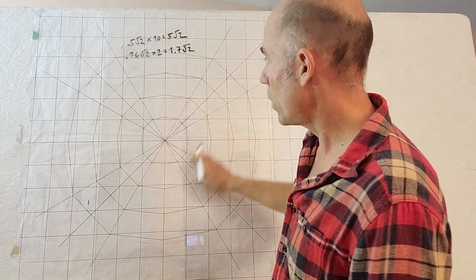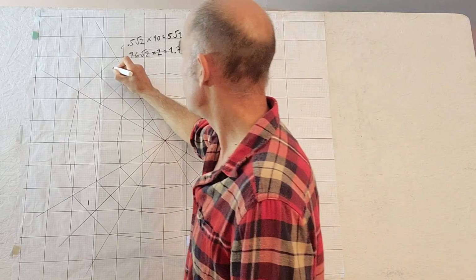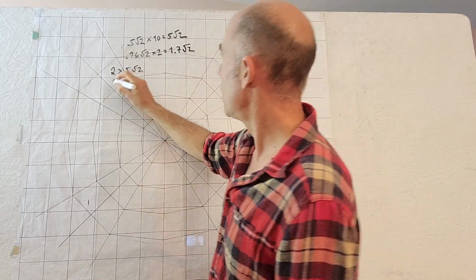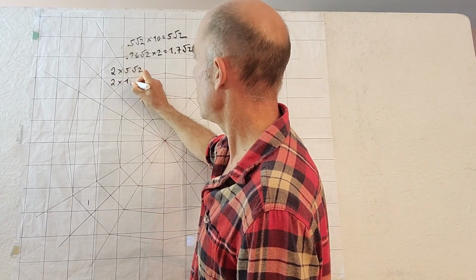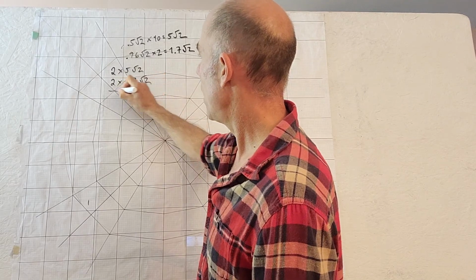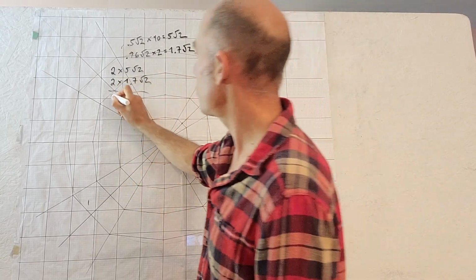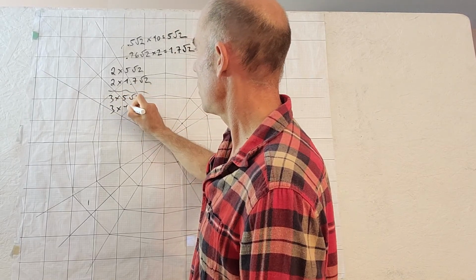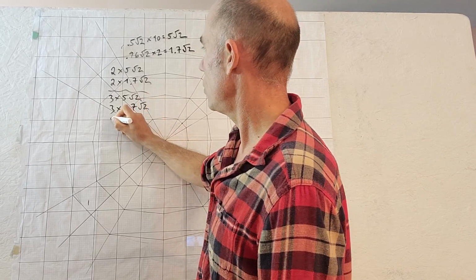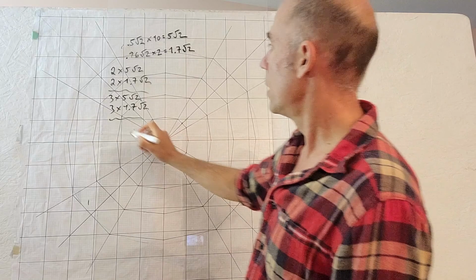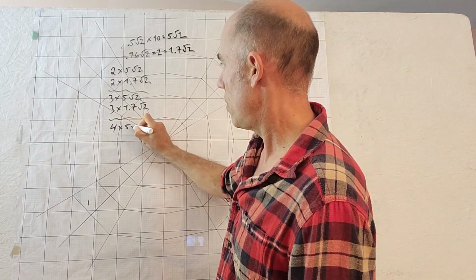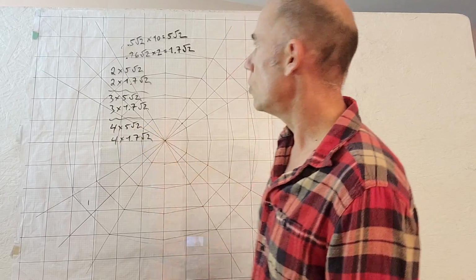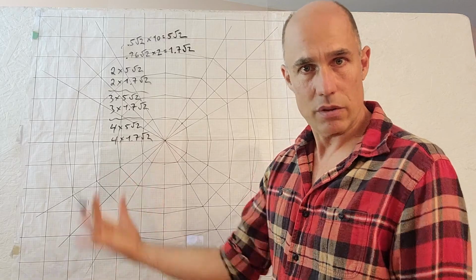So the second ring, the perimeter is going to be 2 times 5 root 2, and then it's going to be 2 times 1.7 root 2, and then the next ring is going to be 3 times 5 root 2 and 3 times 1.7 root 2, and then the fourth ring is going to be 4 times 5 root 2 and 4 times 1.7 root 2. So again, these are all base 12 calculations.